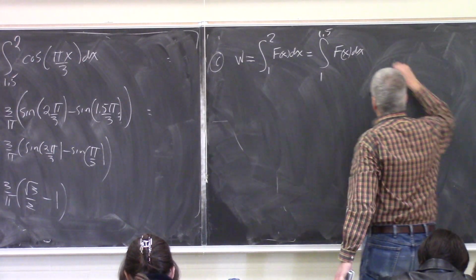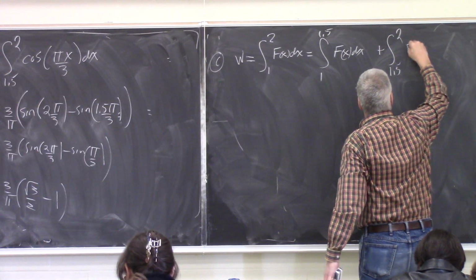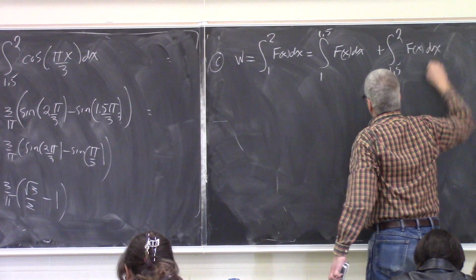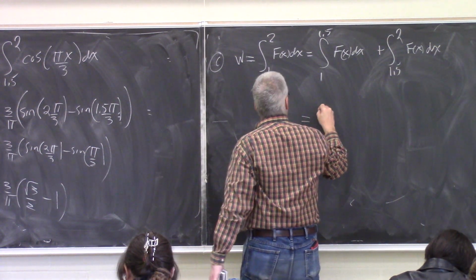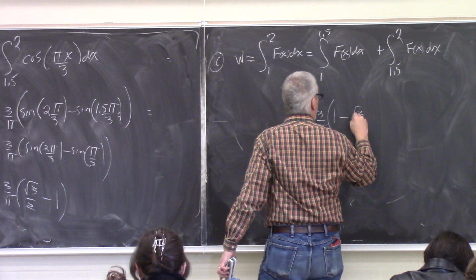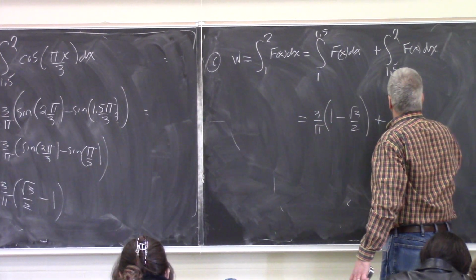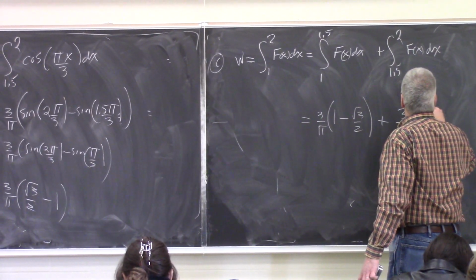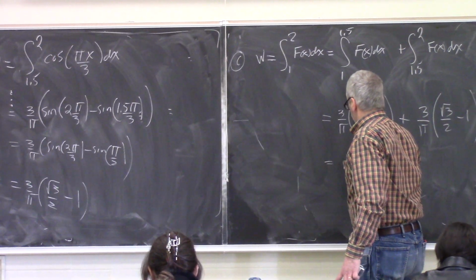The integral from 1 to 1.5 plus the integral from 1.5 to 2. So I end up with 3 over pi times the quantity 1 minus square root of 3 over 2 plus, again, 3 over pi times the quantity square root of 3 over 2 minus 1. So it ends up being 0.